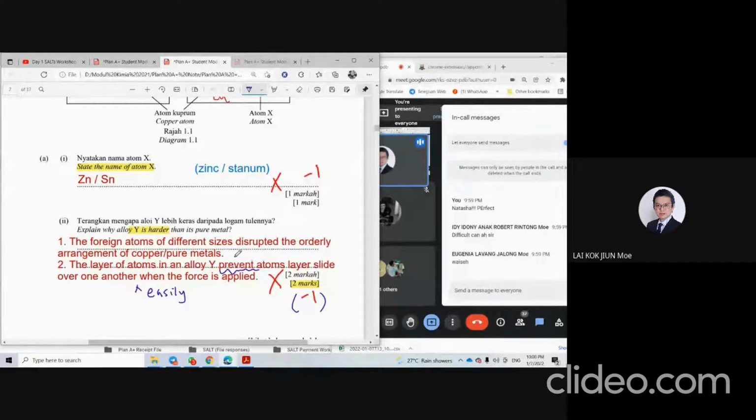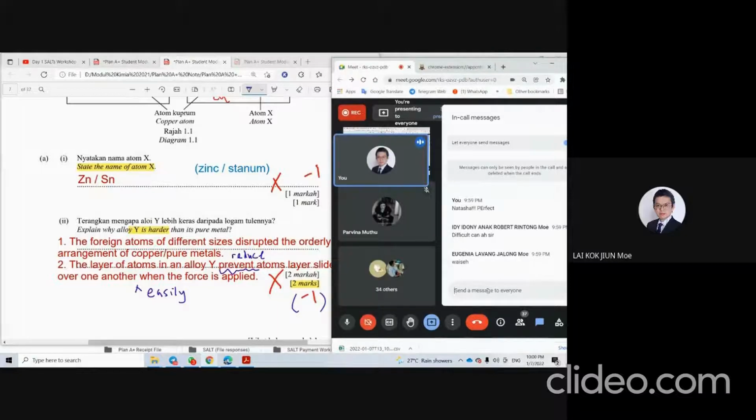Or you can say reduce the atom layer from sliding away. Or you can use the word reduce. When you want to use prevent, it will become never happen already. Then cannot. Difficult can answer. It can make the atom layer difficult to slide over. Can you use this word? No problem. So be careful with the word you use.